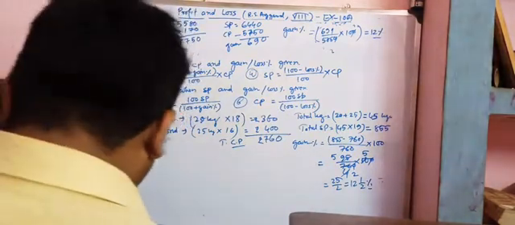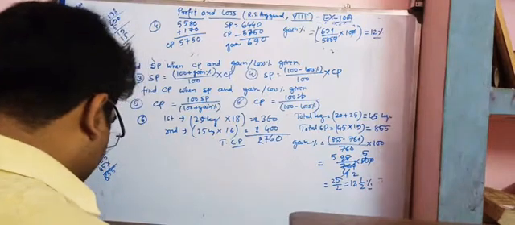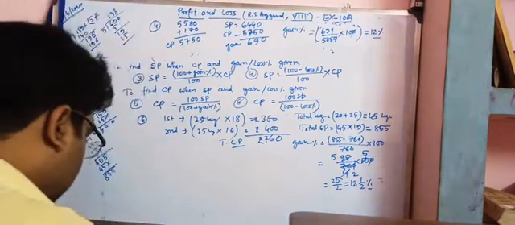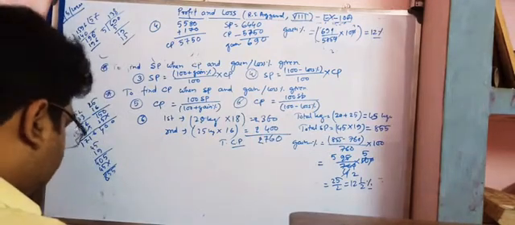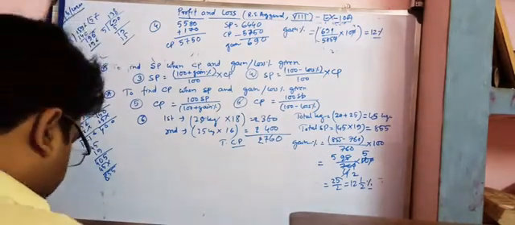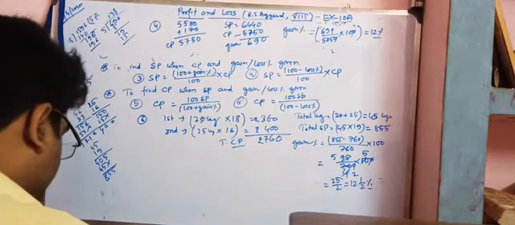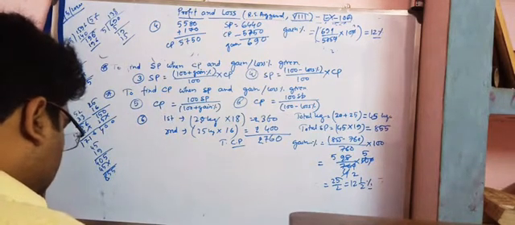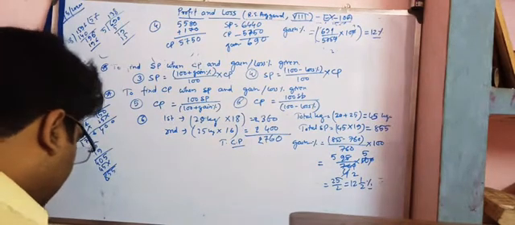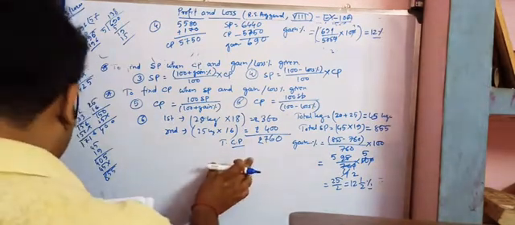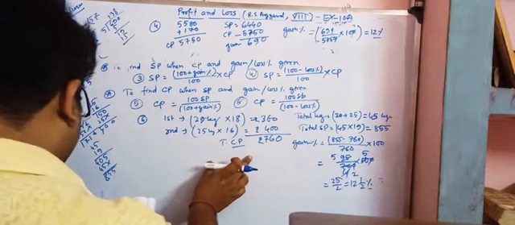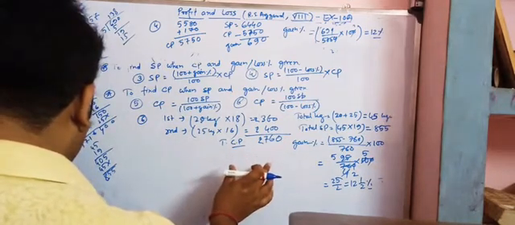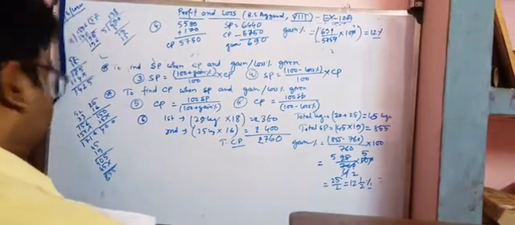So coffee is rupees 250 per kg, and chicory is costing rupees 75 per kg, mixed in the ratio 5:2. Means if we take 5 kg of coffee and 2 kg of chicory, my total is 7 kg.